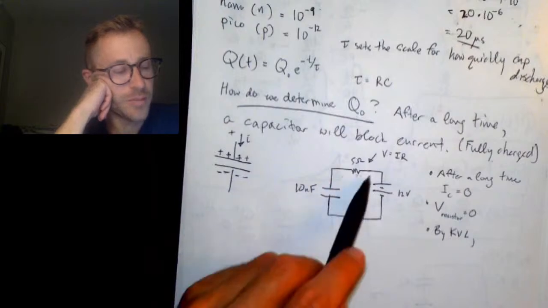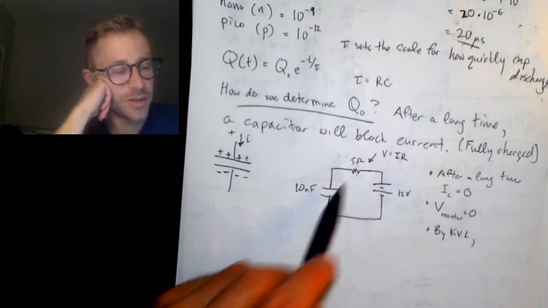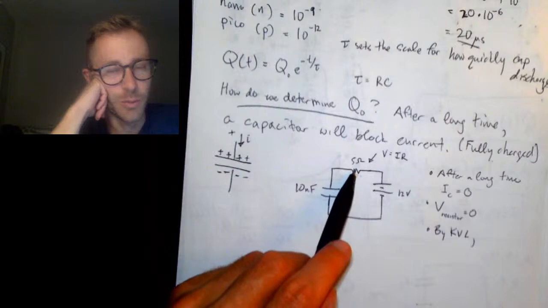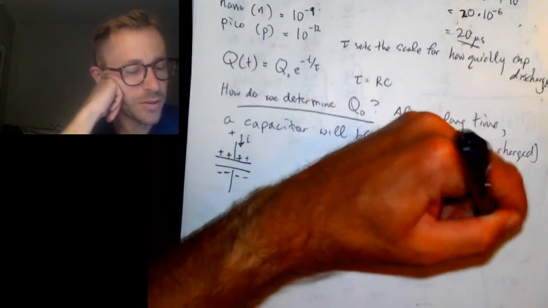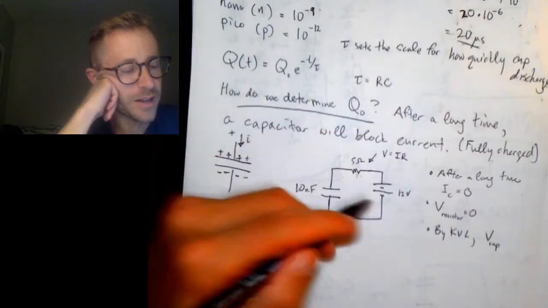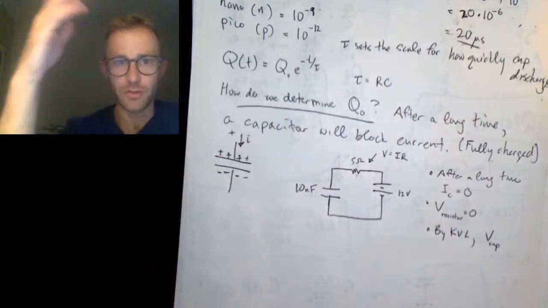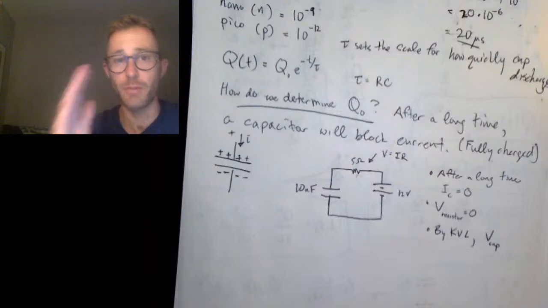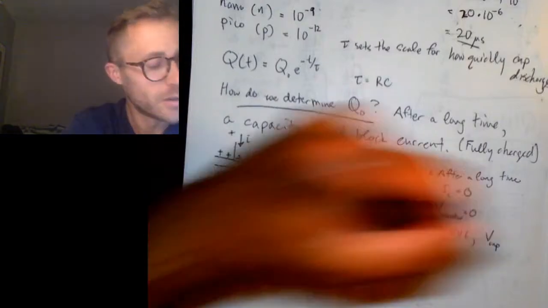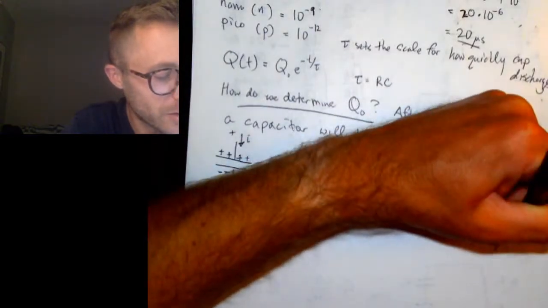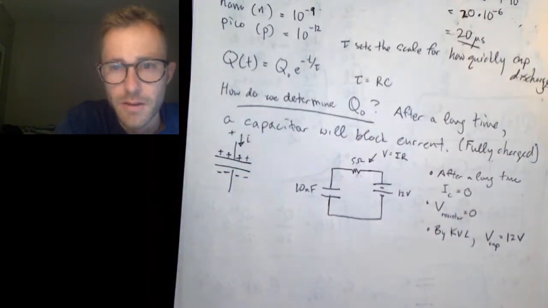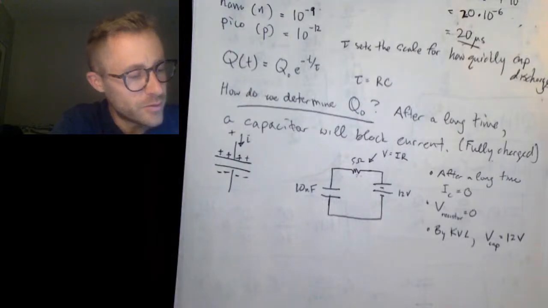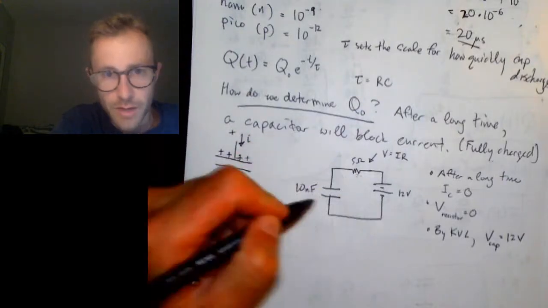So if the sum of all three of these is 0 and one of the three is 0, that means that the voltage across the capacitor has to be equal to 12 volts because that's the only way they could cancel each other out. They're equal in magnitude, okay? So the voltage across the capacitor has got to be 12 volts, okay?